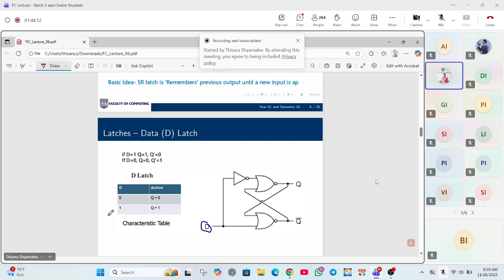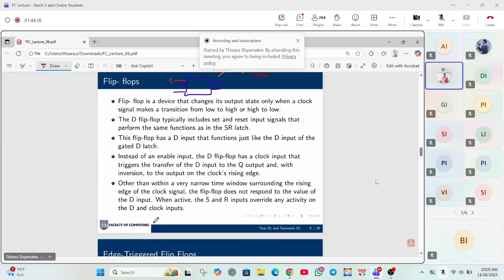So this will happen. D equals 0, then Q equals 0, then D equals 1, Q equals 1.